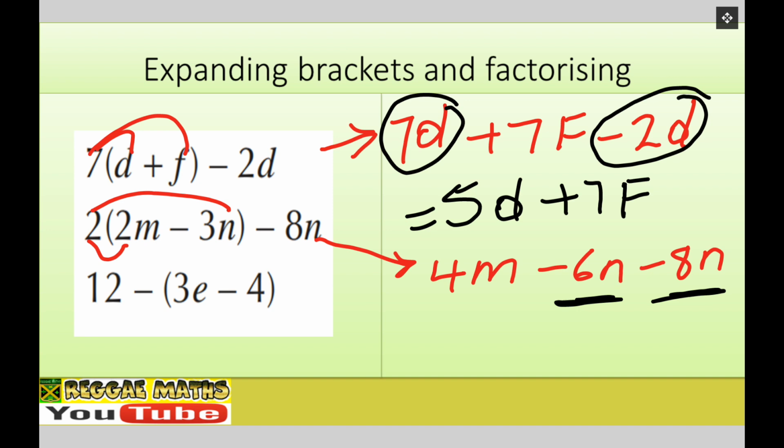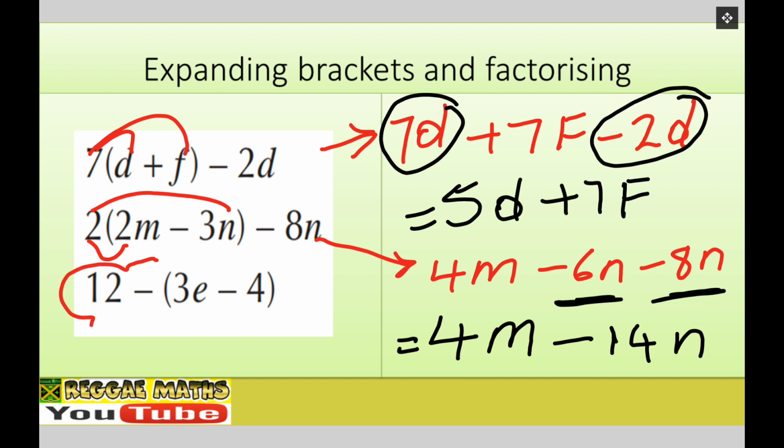So the answer is going to be 4m minus 14n. Okay. Leave this one for you to have a go at. Pause the video, have a go at that question.